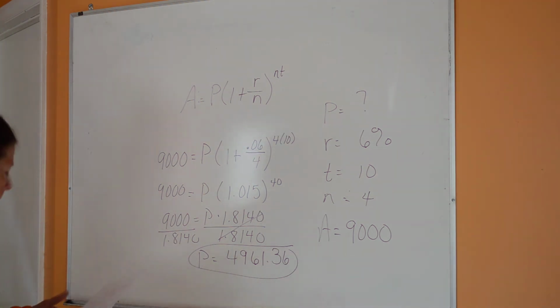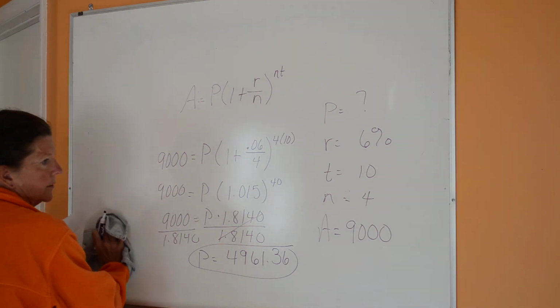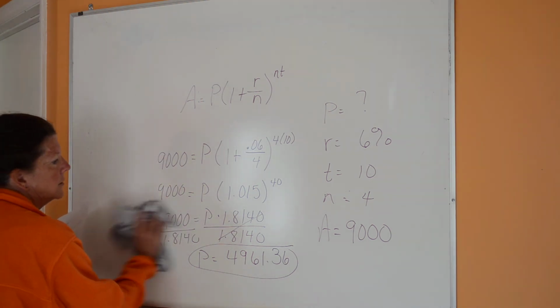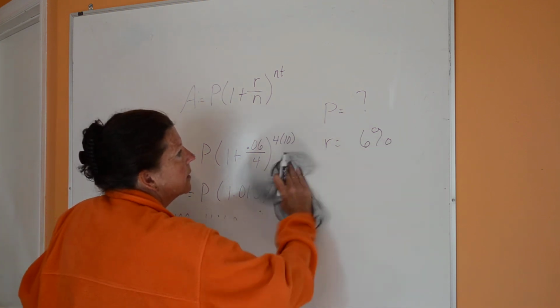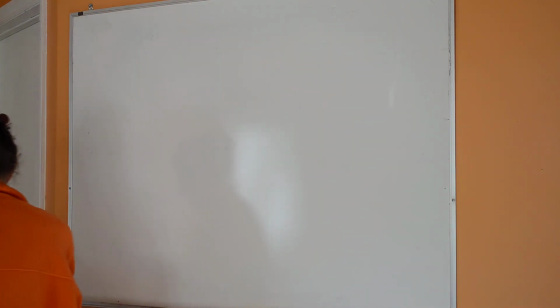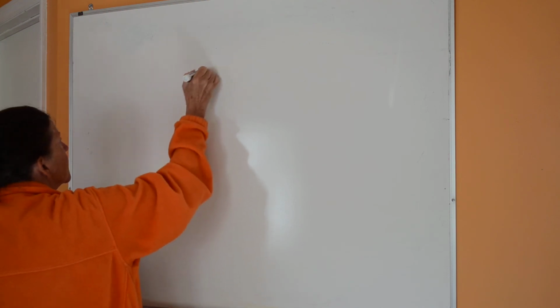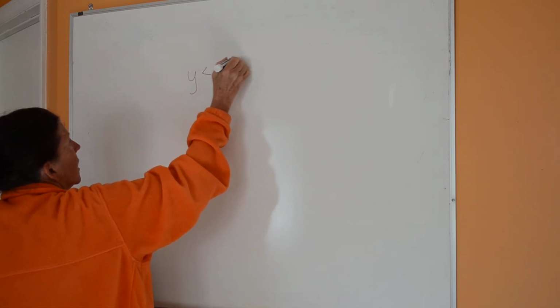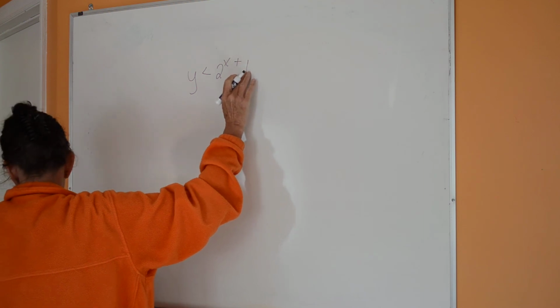The only other thing in this particular section is you're going to graph some exponential functions. So let's say I wanted to graph this. Again, you're going to plug in.